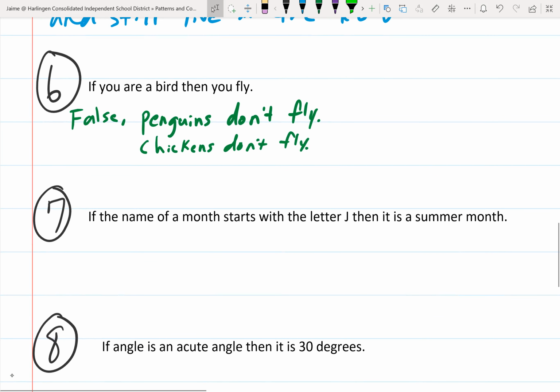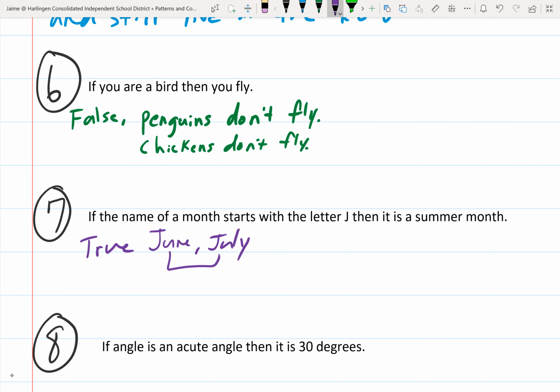Number 7 says, if the name of a month starts with the letter J, then it is a summer month. Is that true or false? If you say it's true, then all the months with the letter J are summer months. So let's see. June and July.